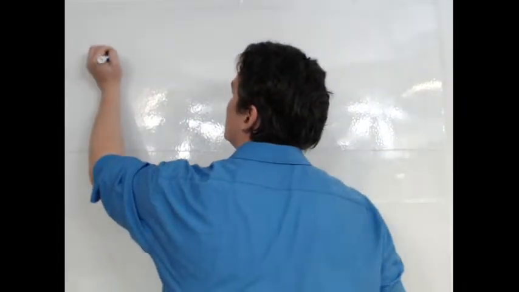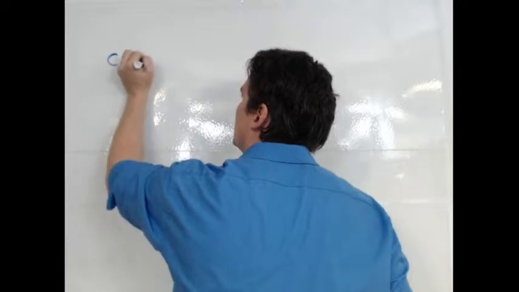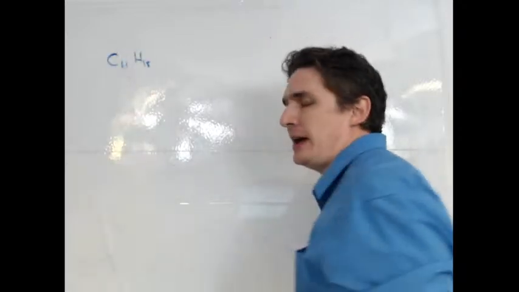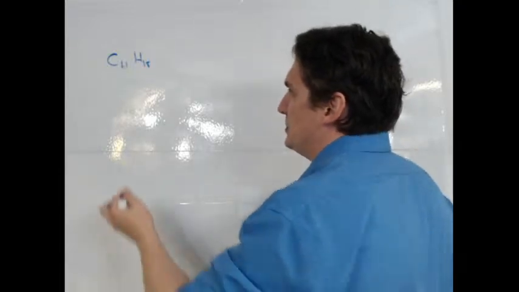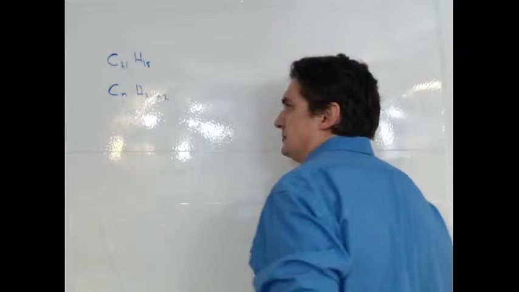How many rings are present in C11H18 if the compound consumes 3 moles of H2 on catalytic hydrogenation? So, teach this because we have to. So, any linear alkane is going to have the formula CnH2n plus 2.